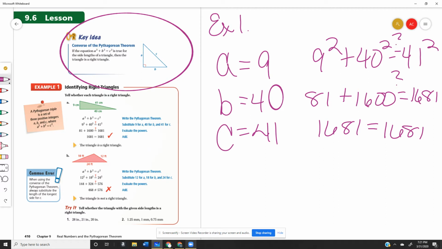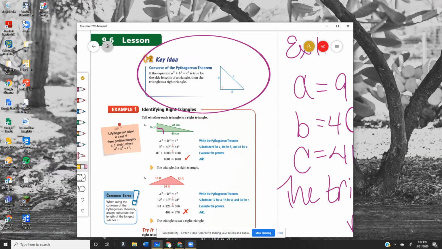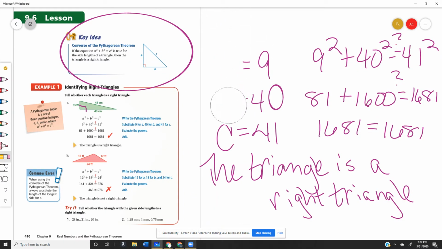So all that means is in example 1, the triangle is a right triangle. And right triangle means that this angle right here is going to equal 90 degrees. Okay? That's all that we do. We're just proving that it's a right triangle by plugging the legs and the hypotenuse into the Pythagorean theorem.